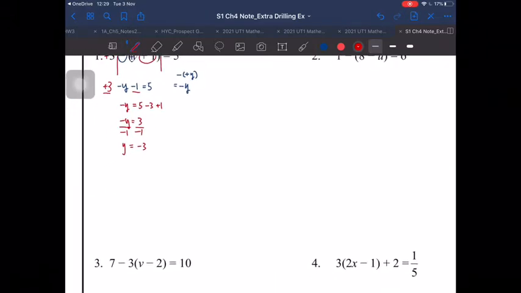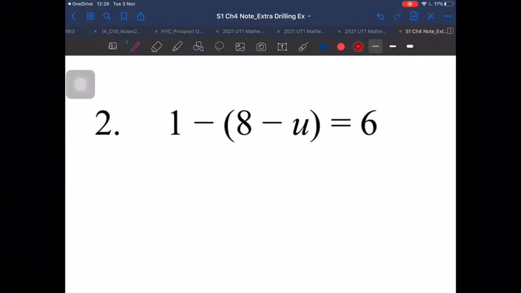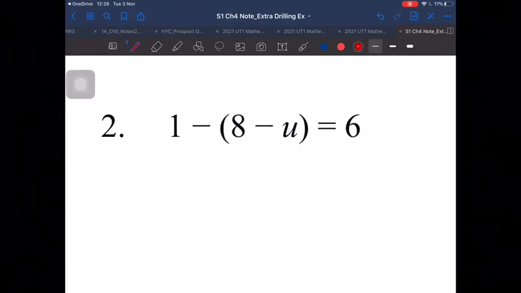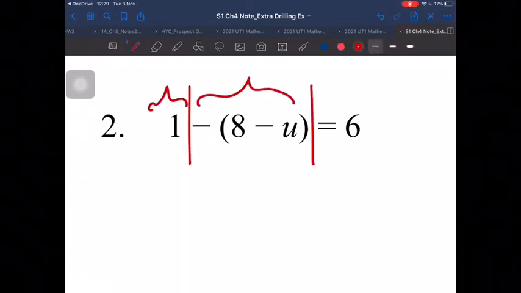So and then let's see question number 2. For question number 2, first think about how many terms there are on the left hand side. Now how many terms are there? On this left hand side, when you separate by plus and minus, there are 2 terms. This is the first term, this is the second term. First term we cannot do anything, just write positive 1. This is positive, right?